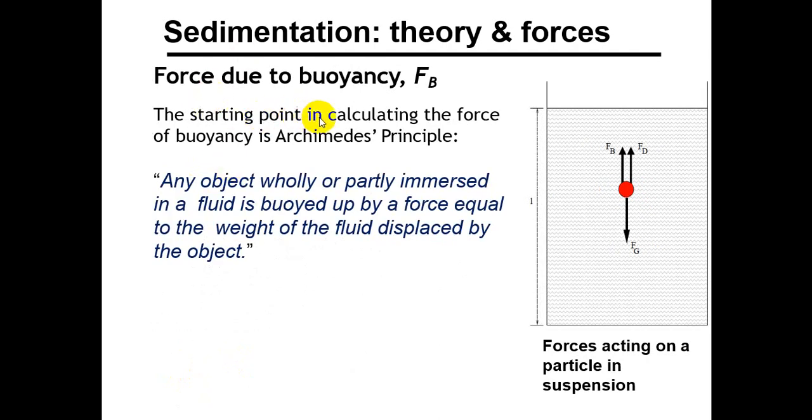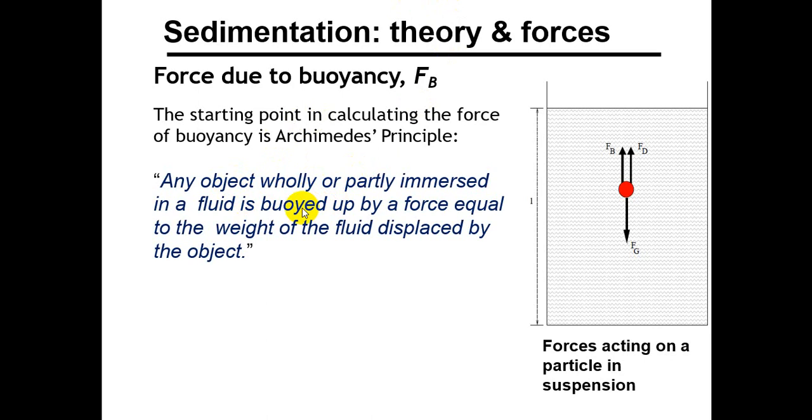The starting point in calculating the force of buoyancy is Archimedes' principle. Archimedes said that any object wholly or partly immersed in a fluid is buoyed. Wholly means totally immersed, and partly means partially immersed. Buoyed here means that there is buoyancy.